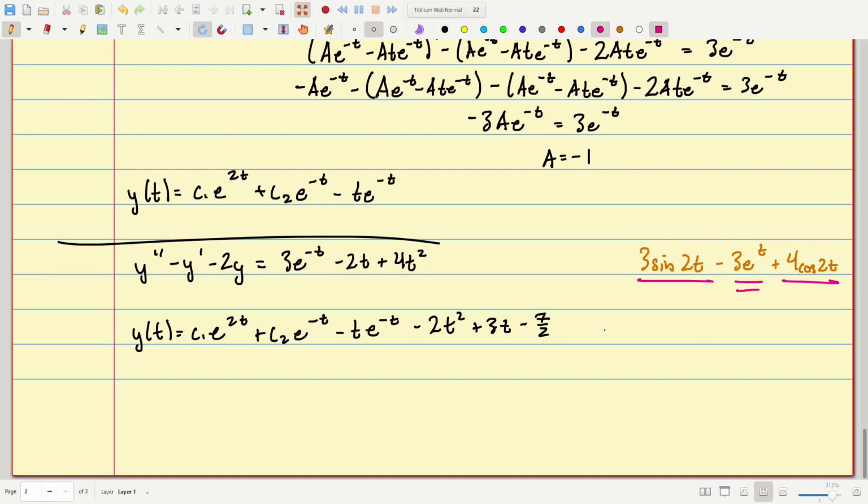I don't have to do them all at once. Okay? And this again is a consequence of linearity. It wouldn't work if we didn't have a linear equation. All right. Make sense? Okay.